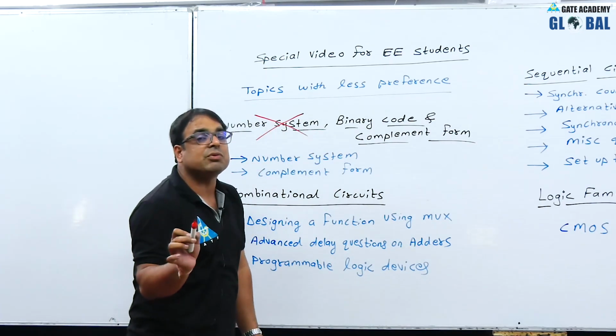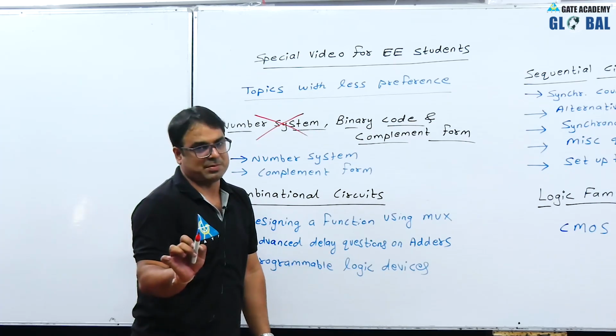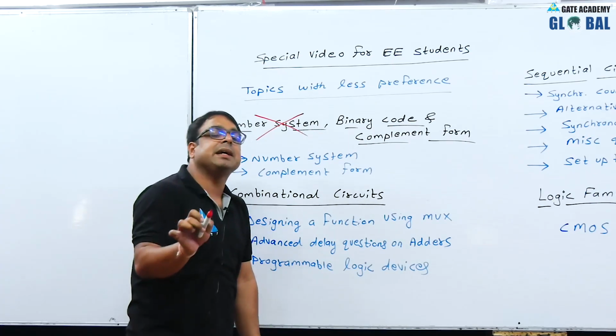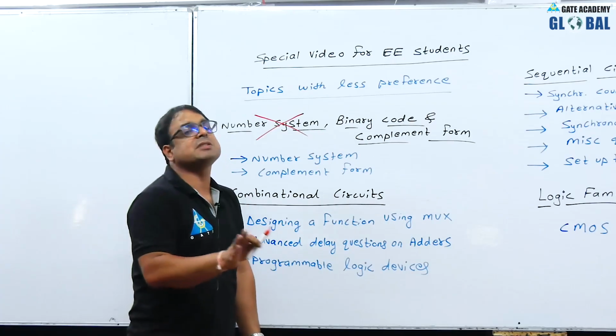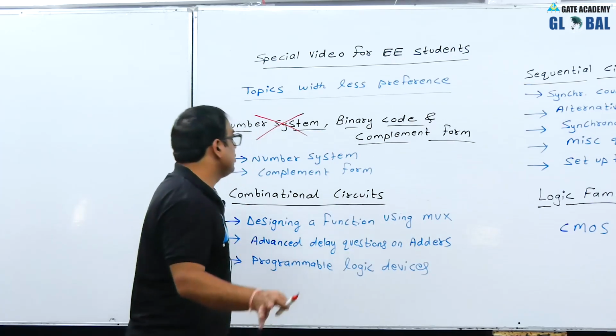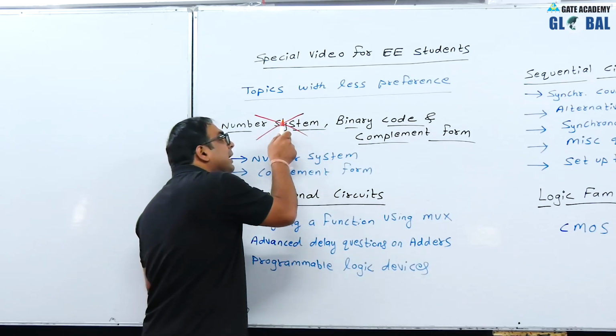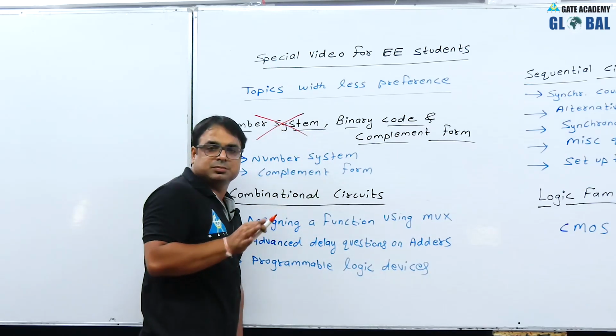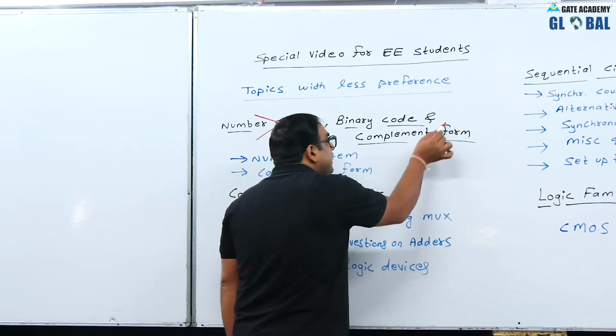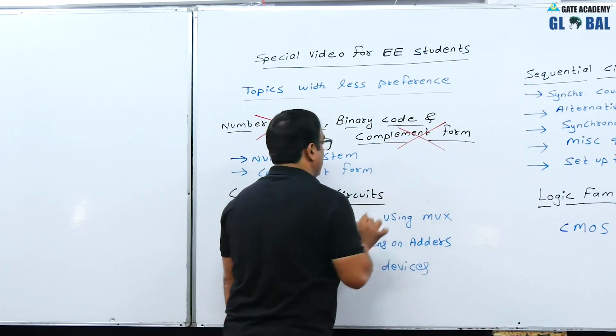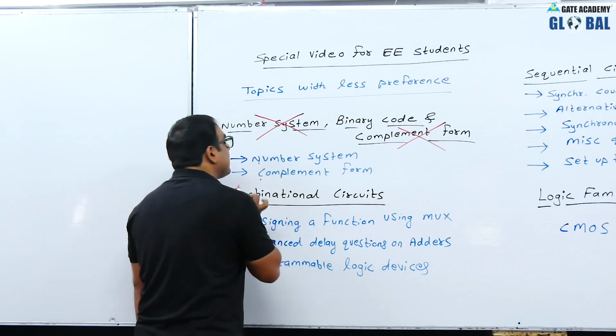Remember, I am using the words it will not be asked in GATE exam. Okay, so if you are targeting ESE exam, you cannot skip this one. So for GATE electrical syllabus, you can ignore number system comfortably. You can ignore the complement form. So these two topics you can ignore.